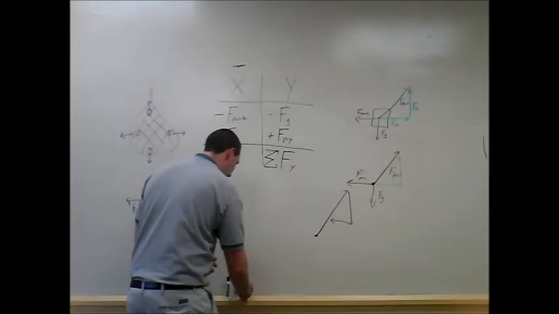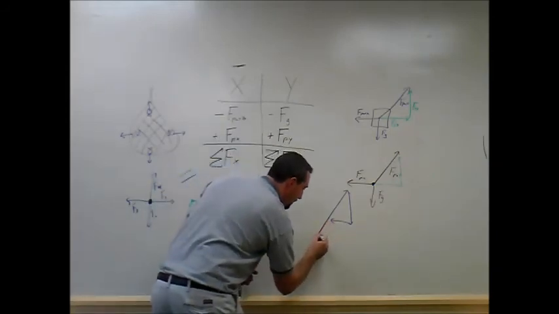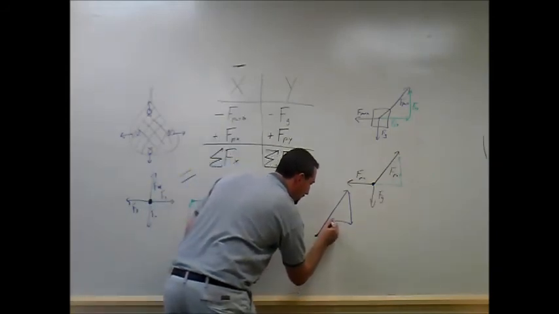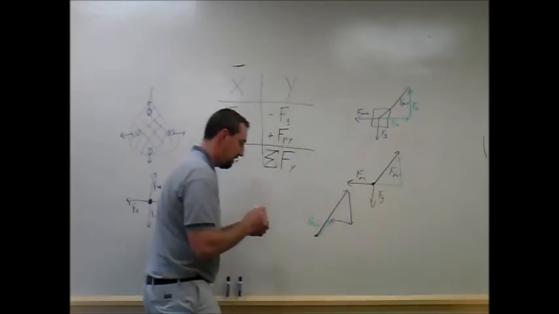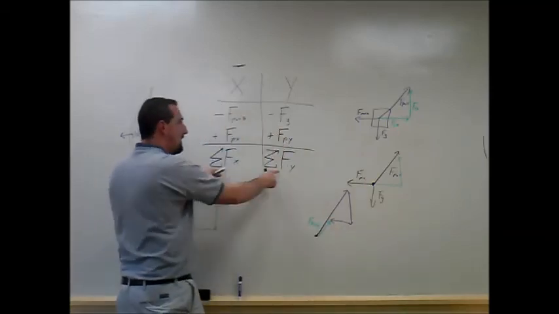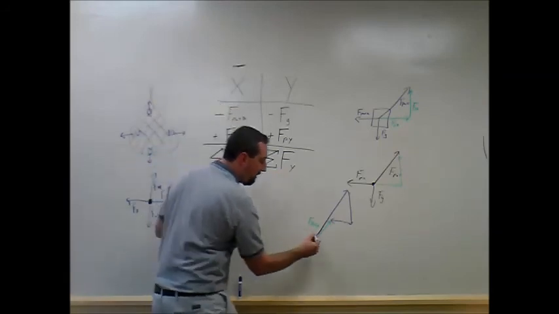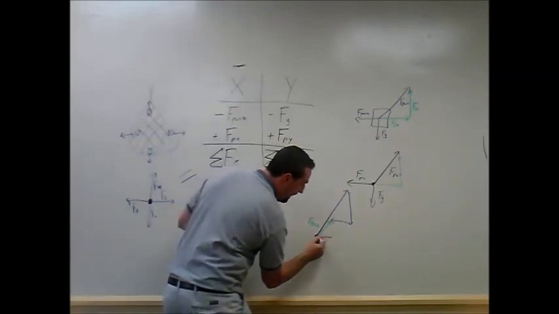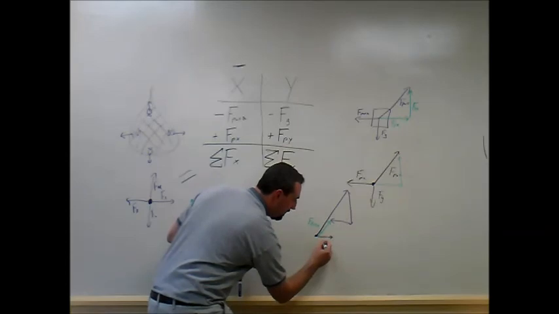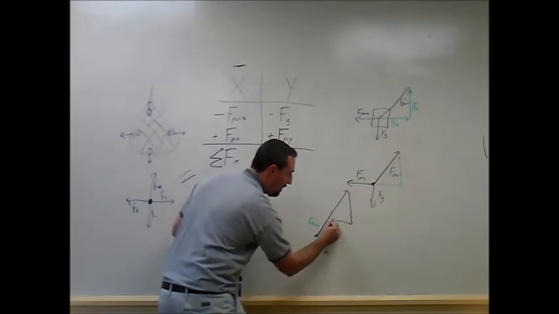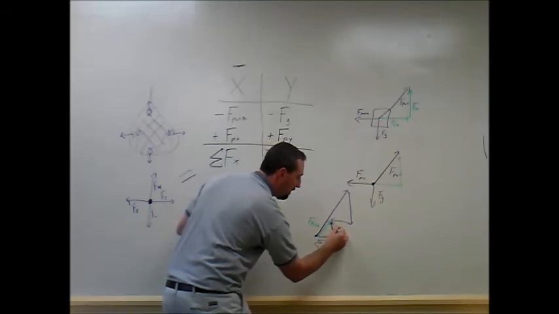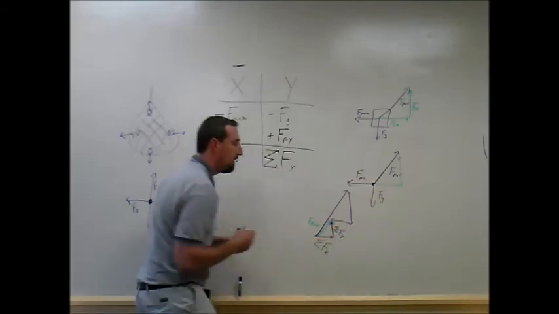We said the net force is start to finish. There it is, something like that. That's F net. And what we just calculated is how much F net points in the x direction, sum of the forces in x, and how much it points in the y direction, sum of the forces in y.